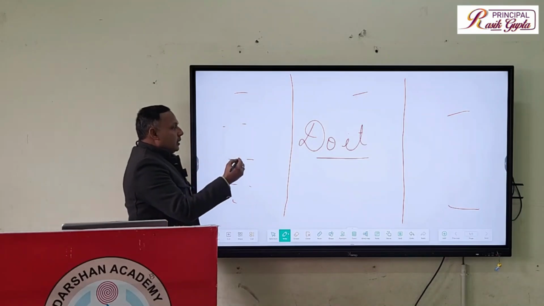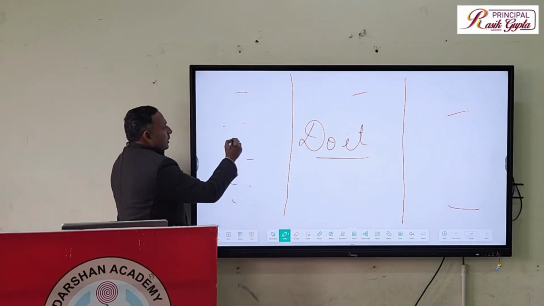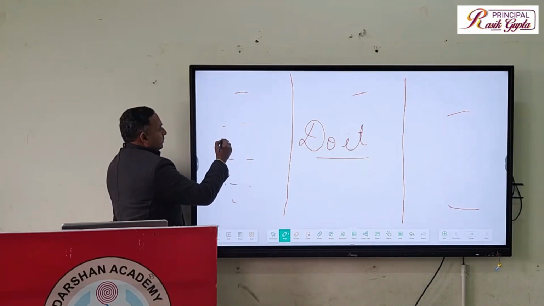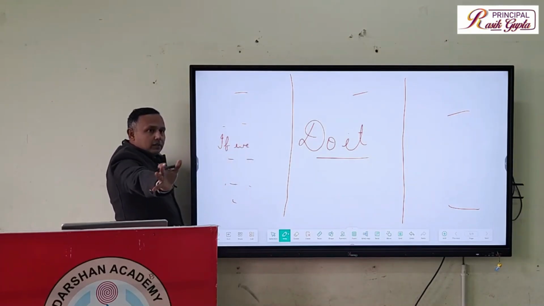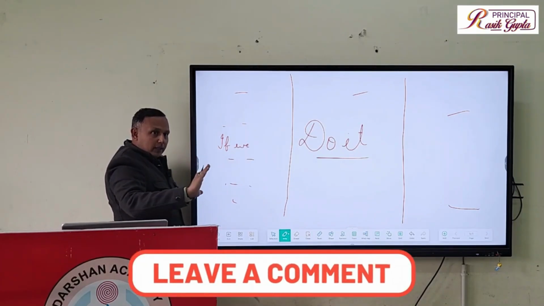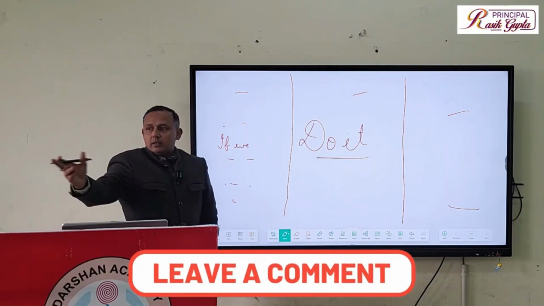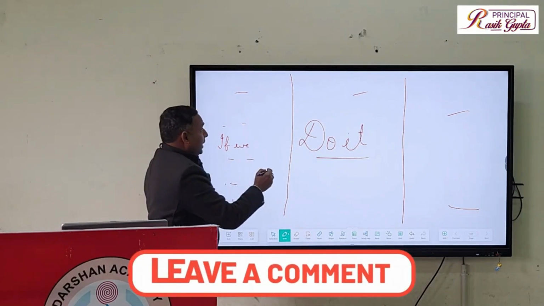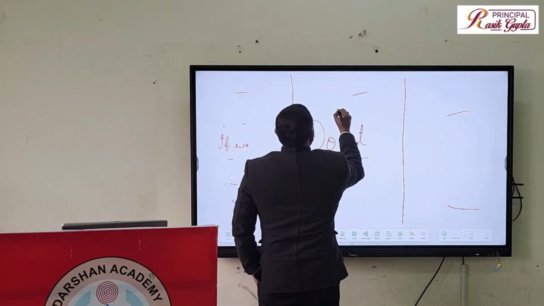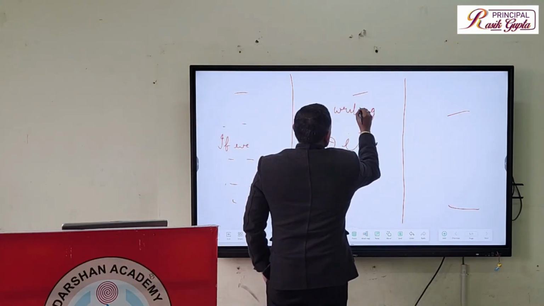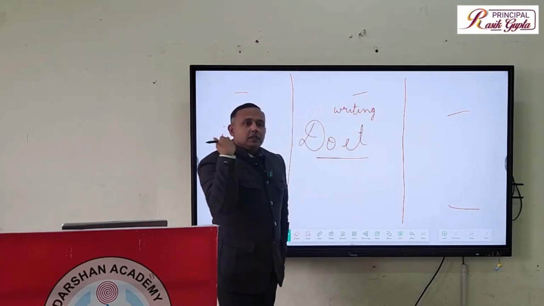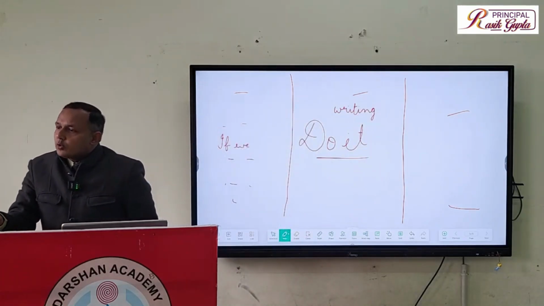When you're writing, I told you earlier also, if we write like this on an angle, at least I have the eye contact with almost half of the class, little bit of turn, and I can see others also. If I am writing like this, then my back was towards you people.